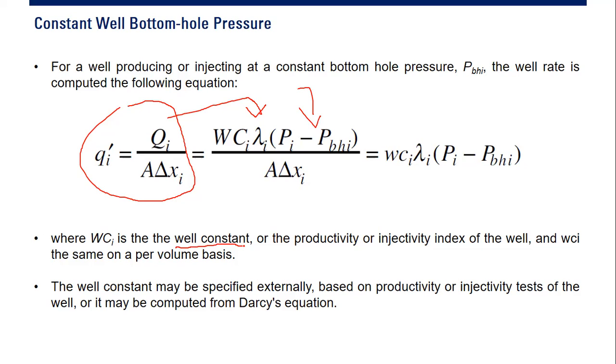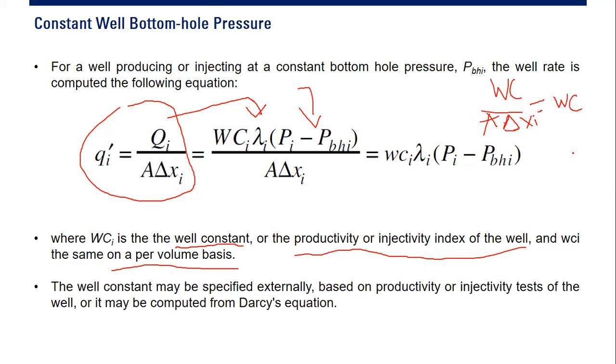You can also call WC the productivity or injectivity index. And WCI is the same on a per volume basis. So big WC divided by A delta X becomes small wc.